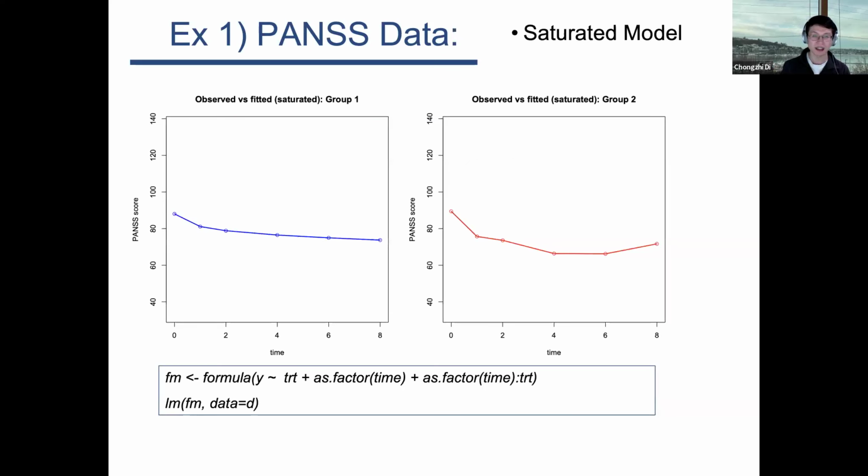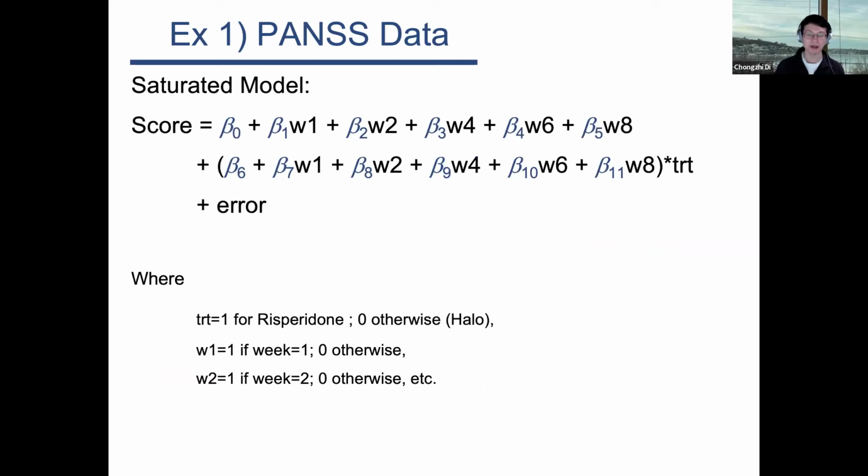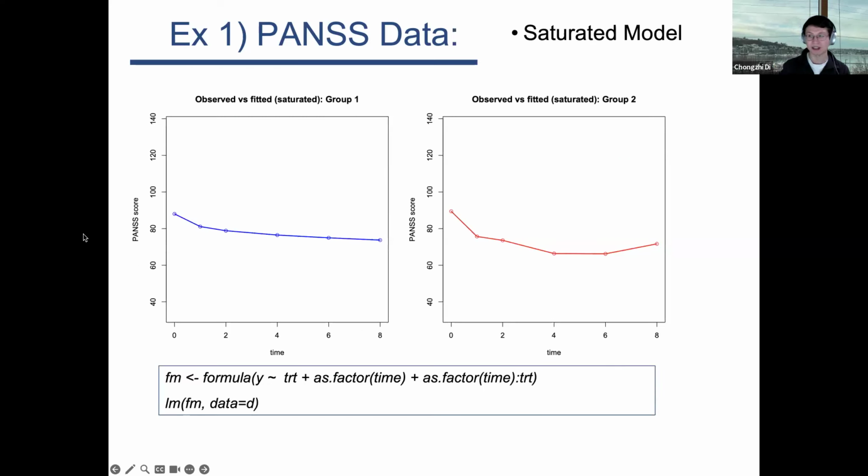In this case, typically the best model is not the most flexible. Typically, it's the one that makes the best compromise between simplicity in interpretation and flexibility in model fitting. So in this case, I would probably not choose a saturated model, even though it provides a great fit, right?